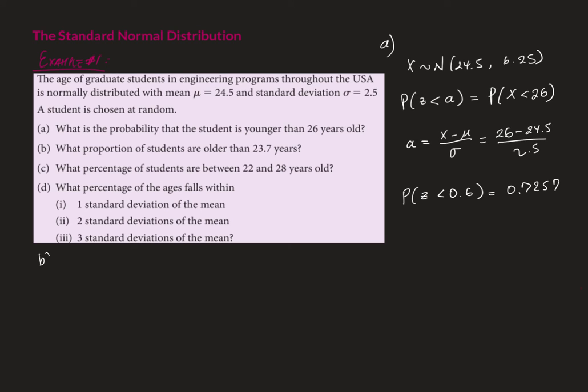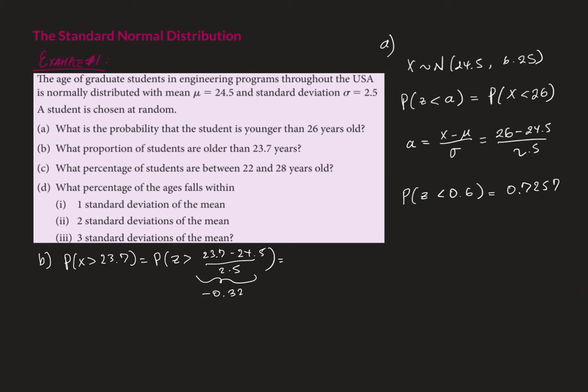Now for B, we can do something similar. We are looking for the probability that x takes values bigger than 23.7. That would be equivalent to finding the probability of the standard variable bigger than 23.7 minus 24.5 over 2.5. This is the Z score, and this is equal to minus 0.32.